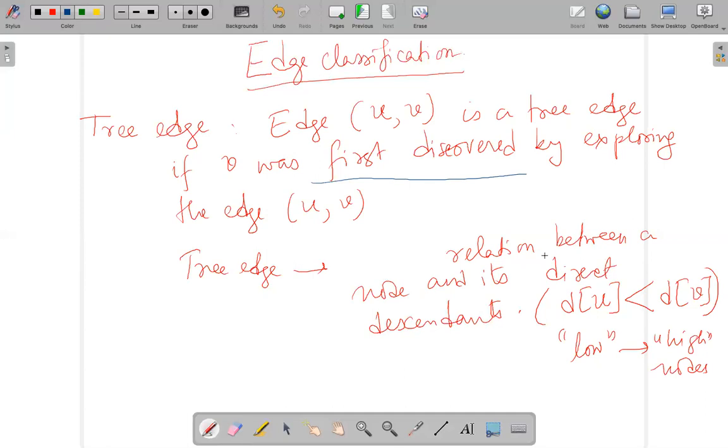So it's a relation between a node and its direct descendants. This is what we need to remember.